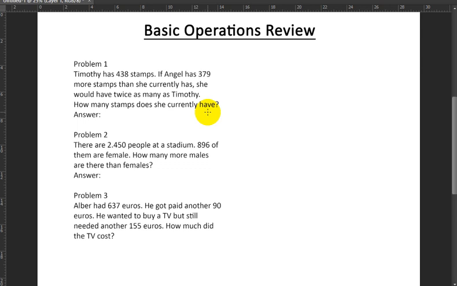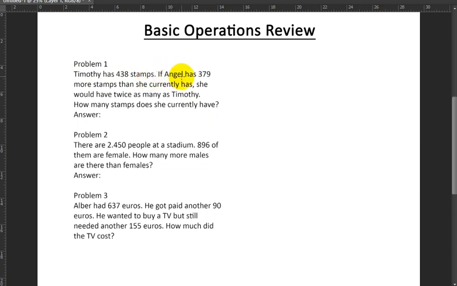Okay, so these problems might get a little confusing. If you need to read them more than once, that's perfectly fine. Let's try and understand what this says here. Timothy has 438 stamps. Okay, let's imagine a box filled with Timothy's stamps.